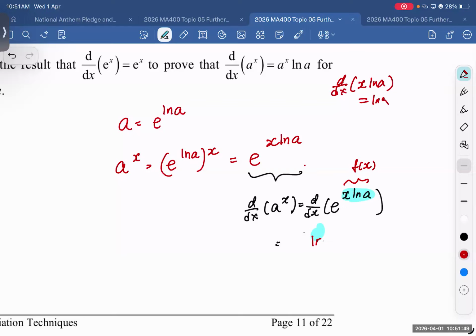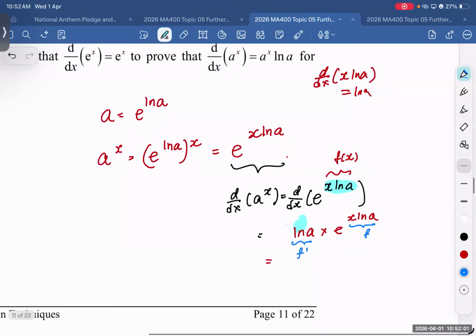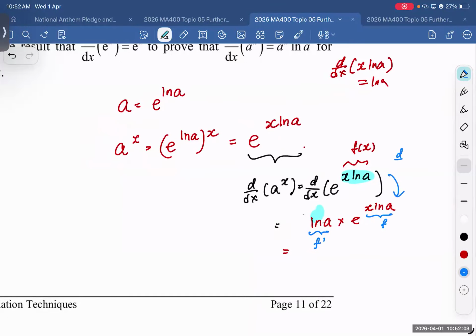So you have ln a multiplied by e to the power of x ln a, because this is f prime, this is f(x). Remember when we differentiate e power f(x), it's the same as f prime e power f(x). And what is e to the power of x ln a?